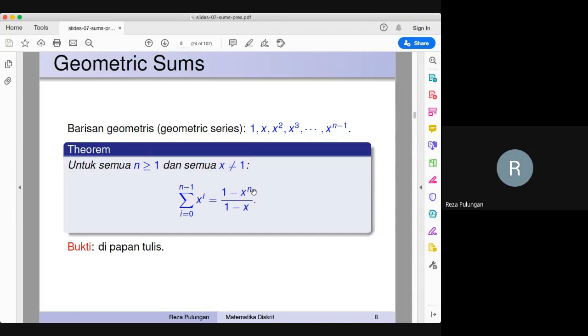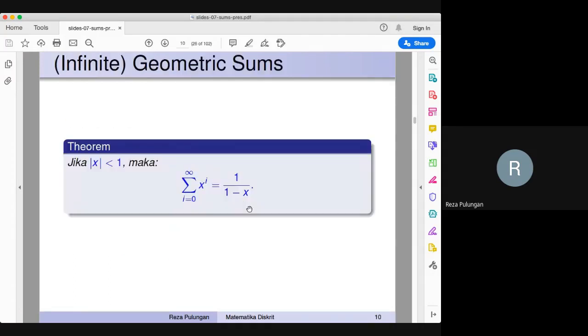Because x is smaller than 1, x to the power of n gets smaller and smaller, approaching 0. So when n approaches infinity, x to the power of n approaches 0, and the only thing left is 1 divided by 1 minus x. So this is our theorem.